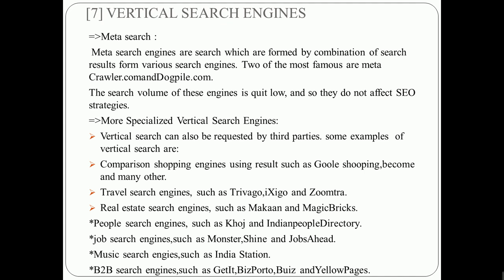More specialized vertical search engines are there. Vertical search can also be requested by third parties. Some examples of vertical search are comparison shopping engines such as Google Shopping, Become and many others.